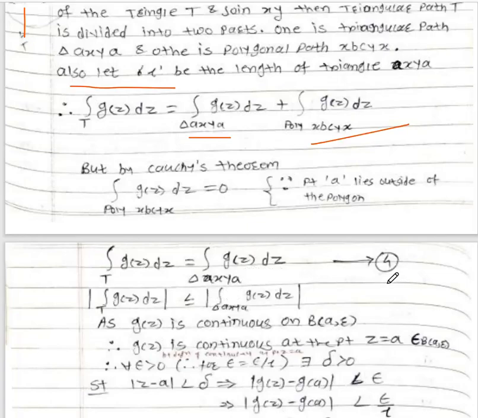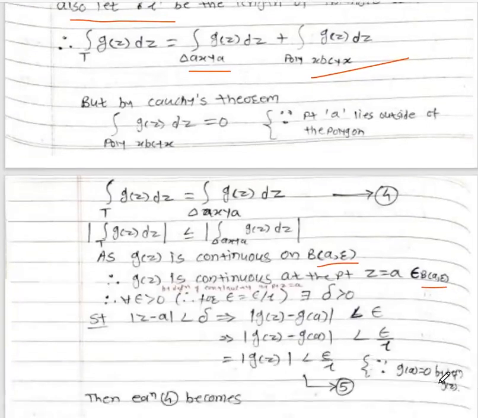Now taking the modulus on both sides, we get the modulus of the integral over T of g of z dz less than or equal to the integral over the triangle path AXY of mod g of z, mod dz. But we know that g of z is an analytic function, which is differentiable and also continuous on an open circle with center a and radius r. So therefore g of z is continuous at the point z equal to a in the open circle.